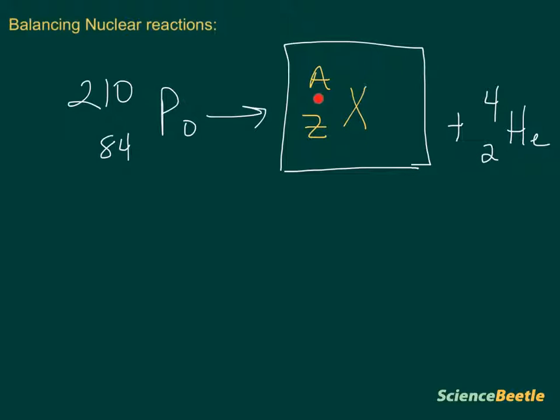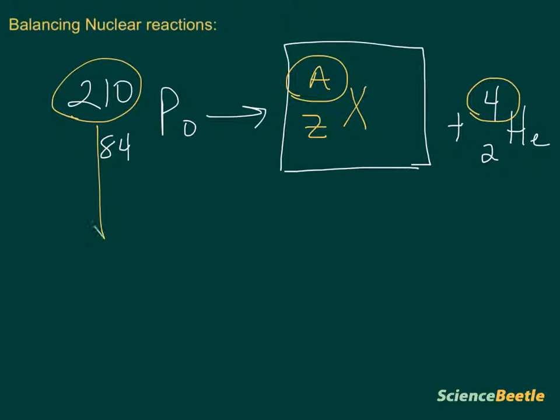So the A number is represented by the A. What we want to do is look at the A number for polonium. Notice polonium has 210. And notice for helium, the A number is 4. So we're going to take this 210, the A, and the 4, and make this into an equation.